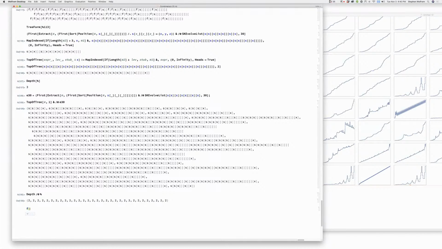F of x of x of y of z of a, what is the depth of that? Wait a minute. Let's try zw. Okay, it's not accounting for the head in computing the depth.